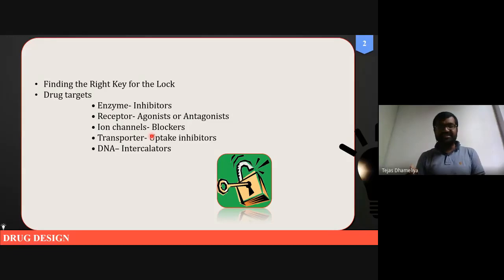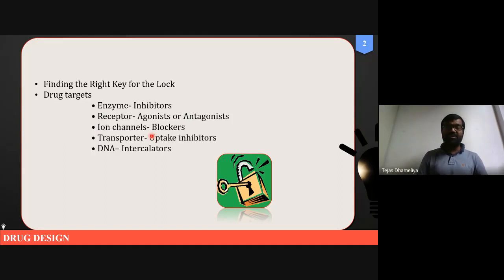These drug targets can be regulated with the help of certain keys, and these keys are generally termed inhibitors, agonists, antagonists.